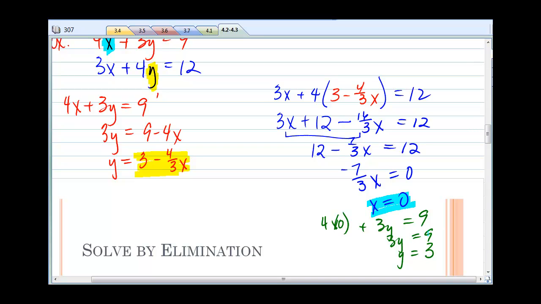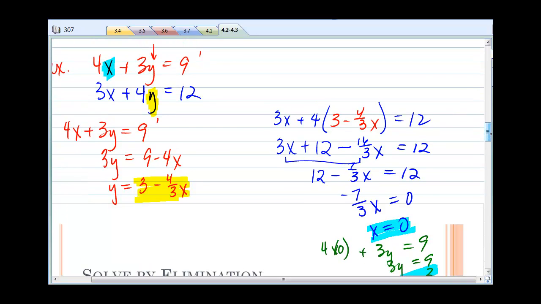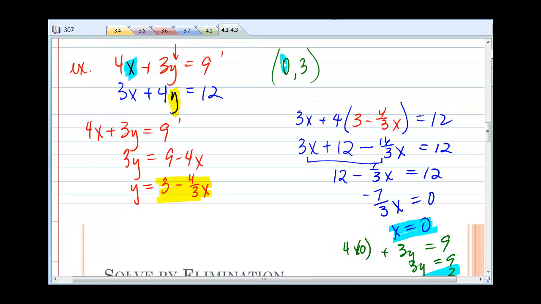So now I found that my ordered pair, the solution to my system of equations, is actually (0, 3). And those are 3 examples of how you solve a system of equations by substitution.